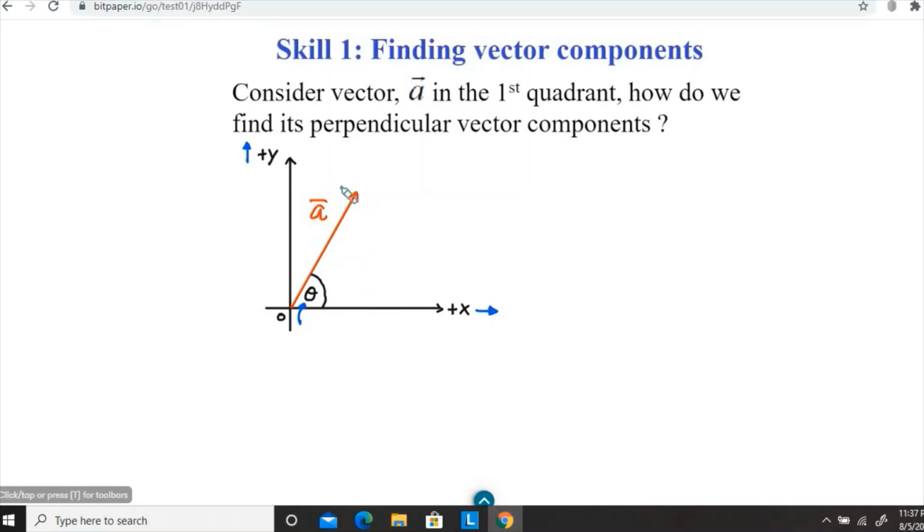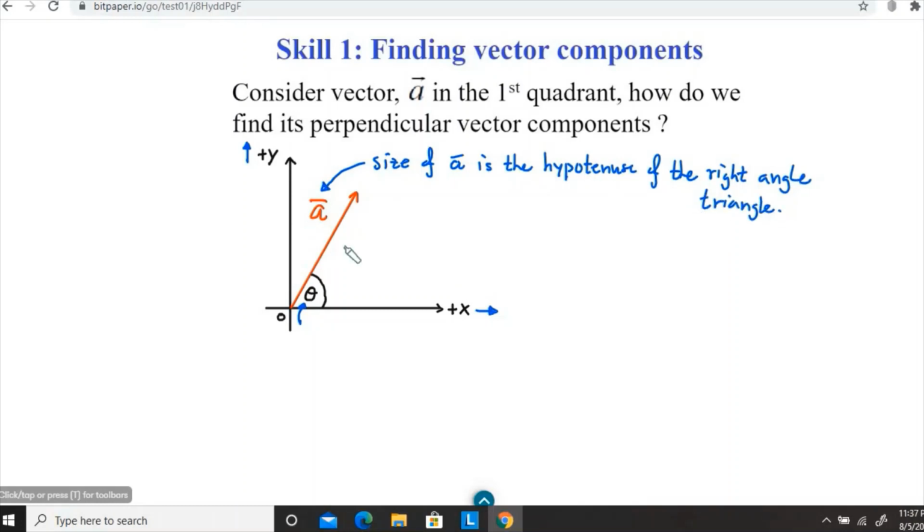Third one is to create a right angle triangle where the size of vector A is the hypotenuse of the right angle triangle. So this is very important.